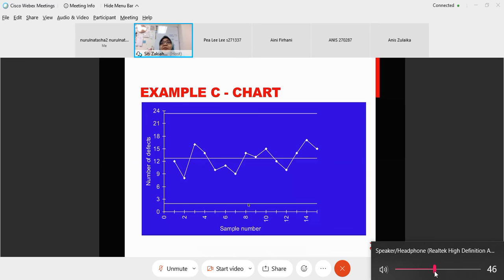It depends on the question. They will give a story, like the jeans that were defective for the P chart earlier. For the C chart, maybe the machine is faulty or the material is not good, so you must give something. Why is it out of control? Why is it in control? Read your book, it tells you what the causes are if the process is out of control. Read it.